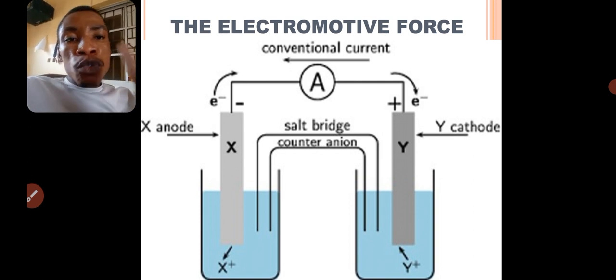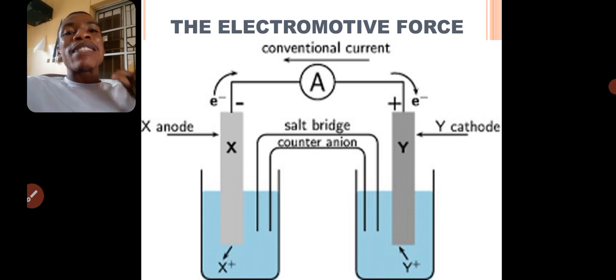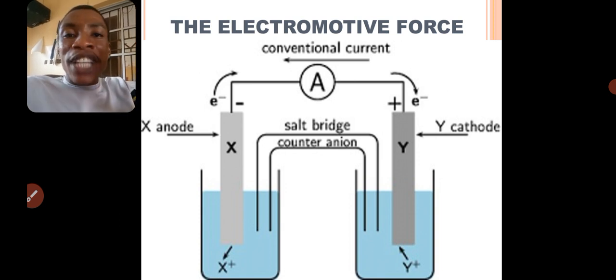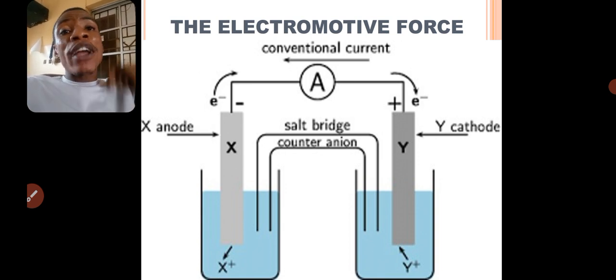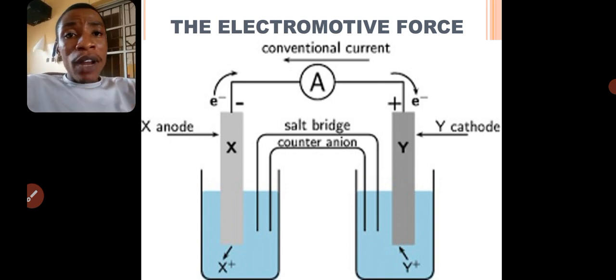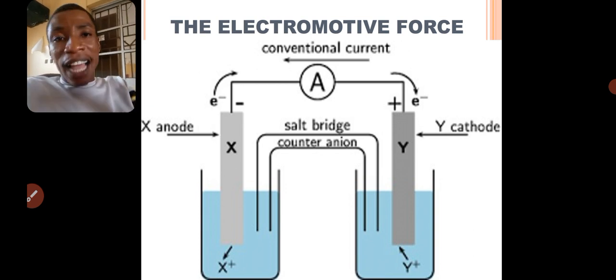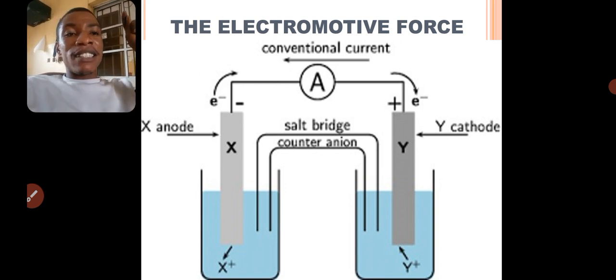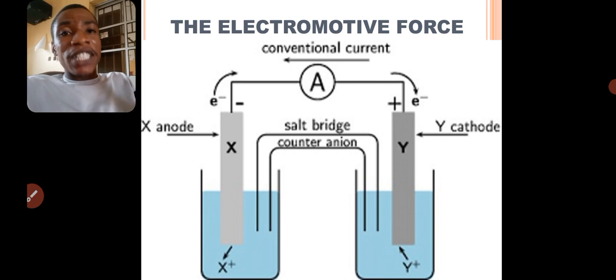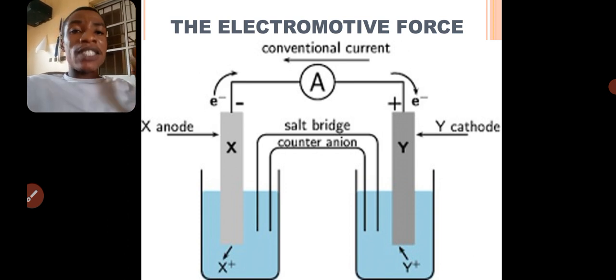So if we have two electrodes, the one with more electrode potential, which is coined from the word reduction potential, that one will serve as a cathode. The one with smaller electrode potential, the one with a more negative electrode potential, that one will serve as the anode. That one is always higher than the one that has more reduction potential in the electrochemical series.